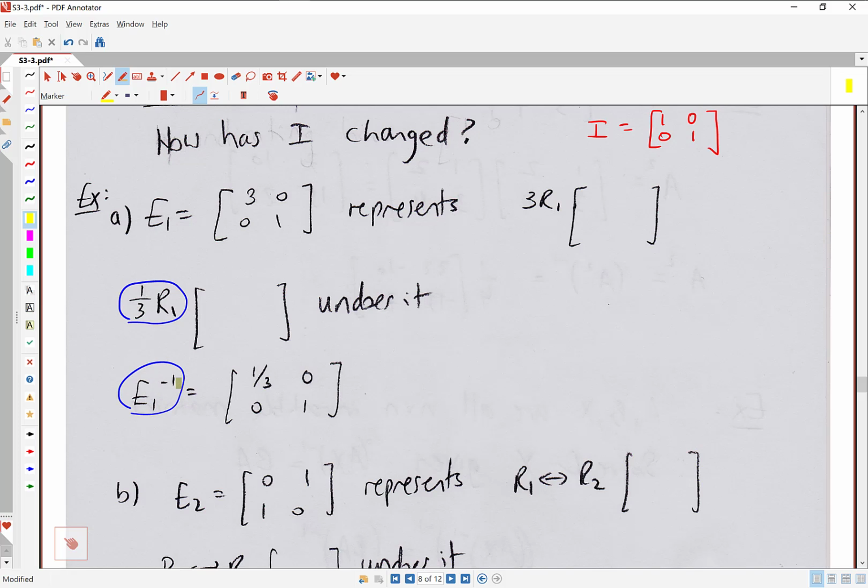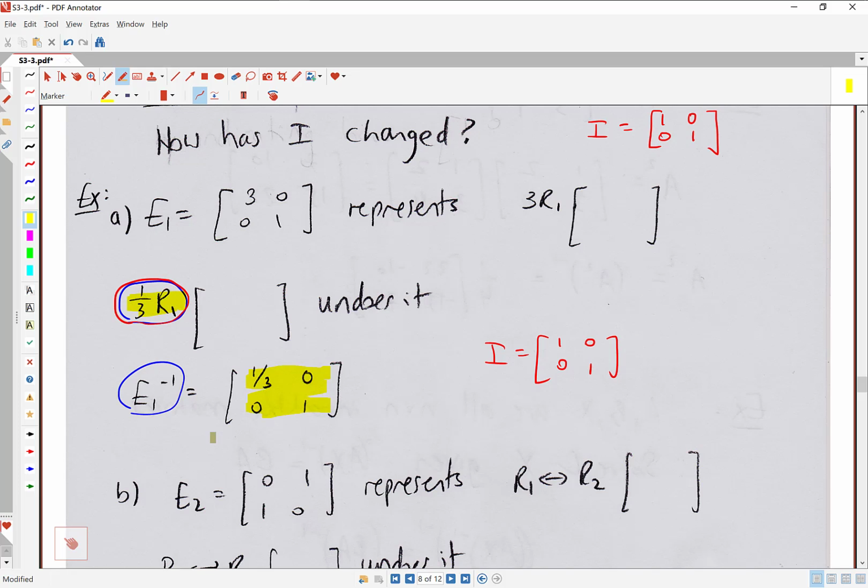So E1 inverse is going to be the matrix that encodes the operation, take row 1 and divide it by 3. And you're always asking yourself, how is the identity matrix changing? So you're just always starting with the identity matrix and you're saying, okay, let's say I perform this operation, row 1 over 3 on that matrix. What would I have? I'd have 1/3, 0, 0, 1. So this matrix here encodes the operation, row 1 over 3.